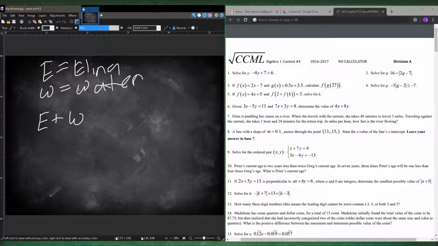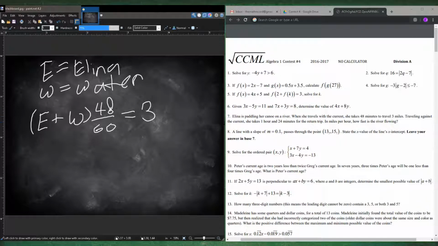It takes her 48 minutes. So let's say each of them is per hour, so E miles per hour, and water is W miles per hour. Then it's E plus W times 48 out of 60, because that's the amount of hours, because it's in minutes, is equal to 3 miles.